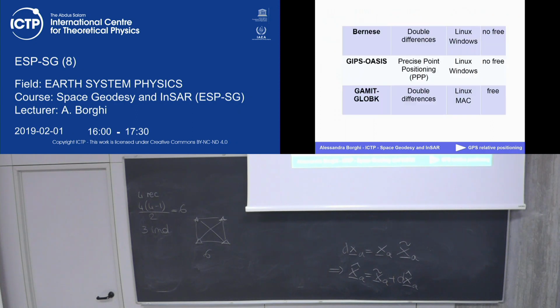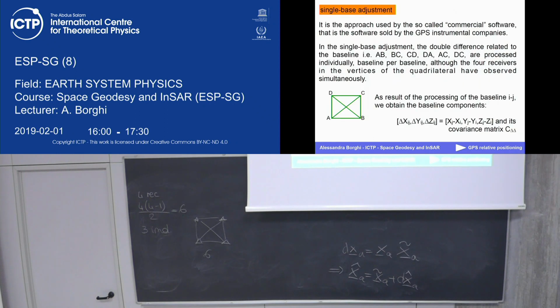So it's a simplification, because we have seen that least squares is made of the functional model, the design model, and a stochastic model. If you use a single base adjustment, you don't take into account all the observations and the correlation between the observations.